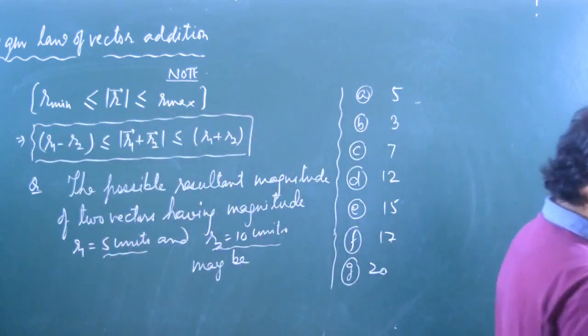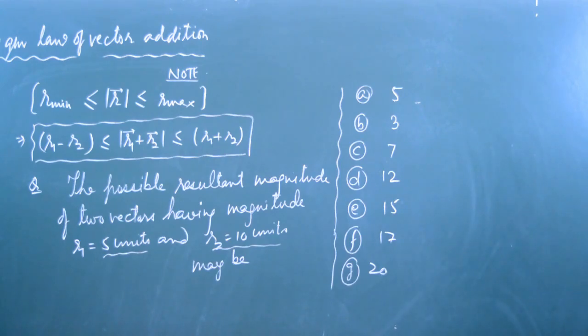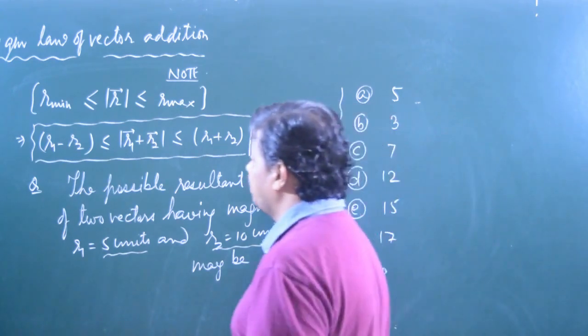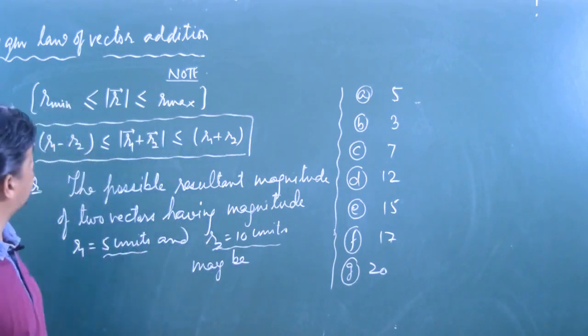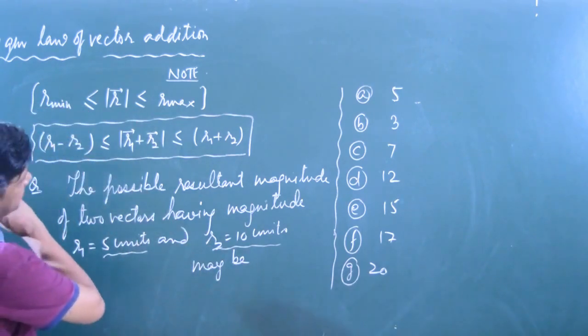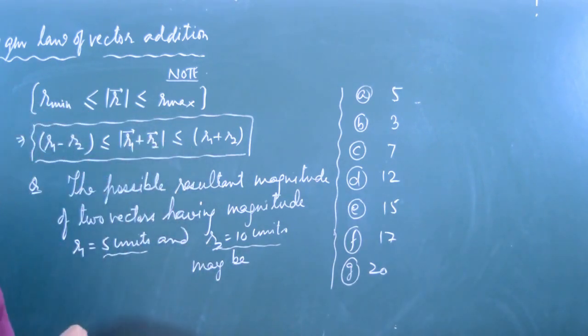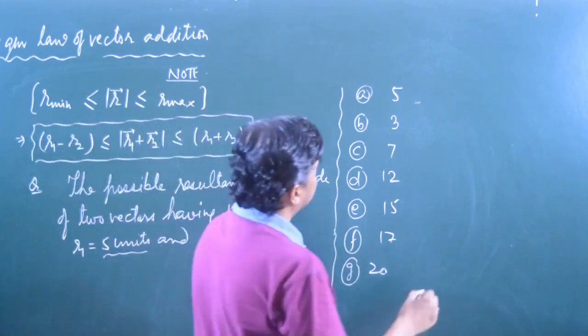Now see, the resultant magnitude must be greater than or equal to what? R1 minus R2, and less than or equal to what? R1 plus R2. So we come to the solution.